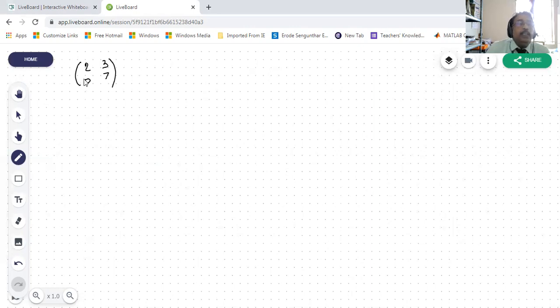Here the lower triangle is 0. So the determinant value is 2 into 7, which is 14, which is the product. Product of eigenvalues is the determinant value.